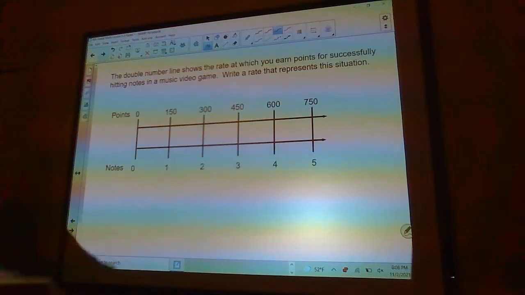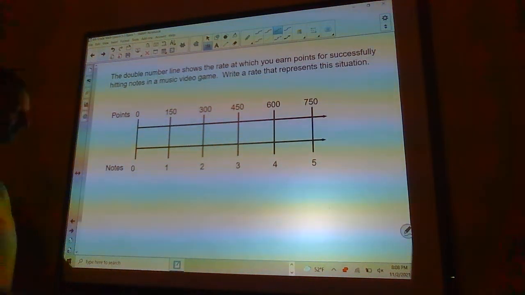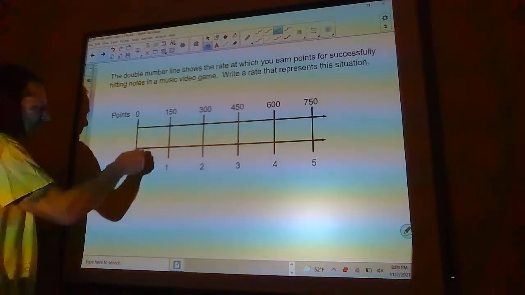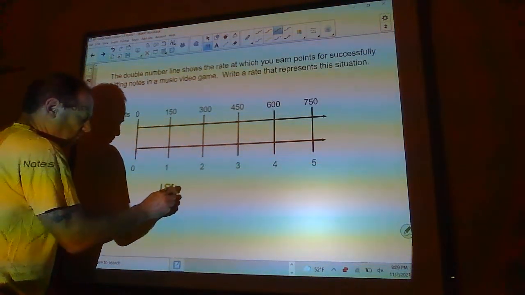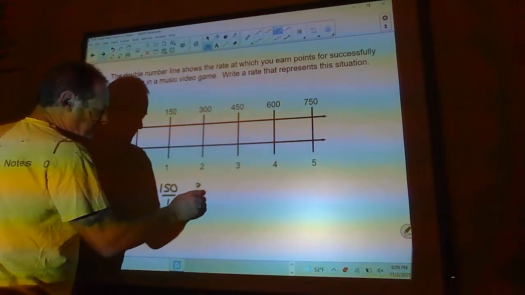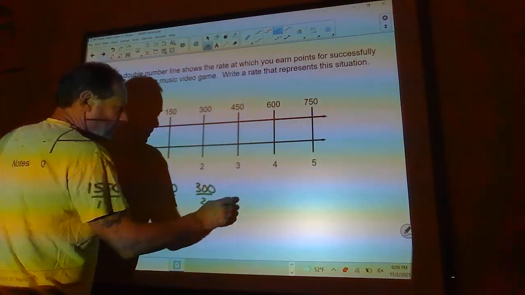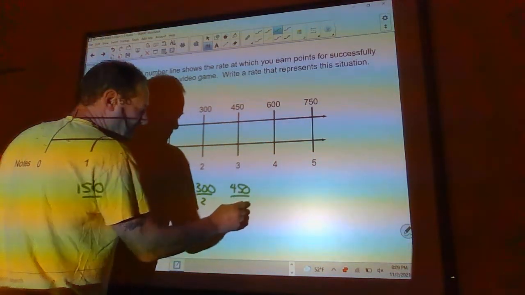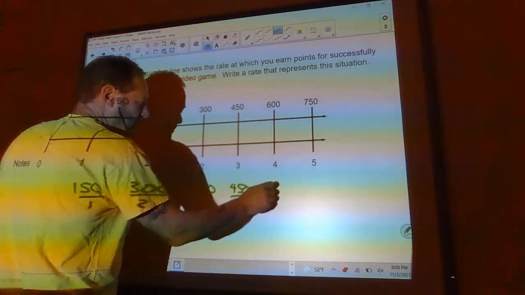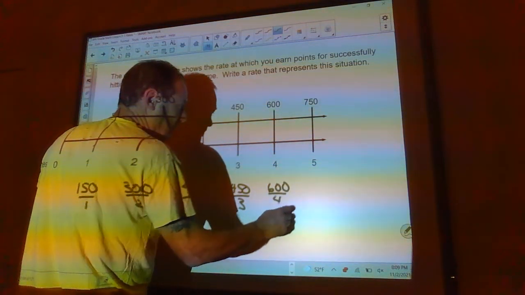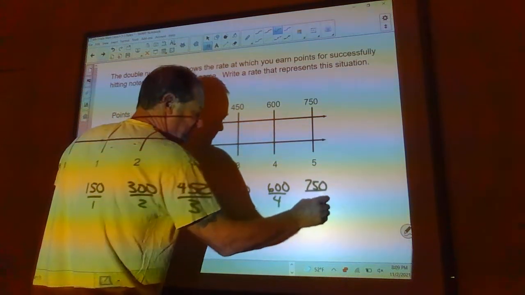Well, there's a couple different ways you could write a rate. You could basically take any one of these except this first one. You could say, well, it's 150 to 1. Or you could say it's 300 to 2. Or you could say it's 450 to 3. Or 600 to 4. Or 750 to 5.